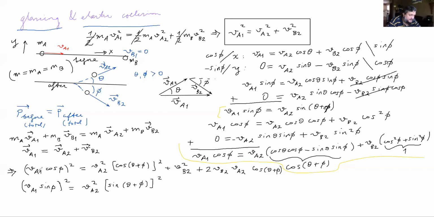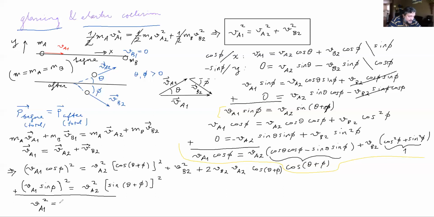All right. Now, if I add these two together, hopefully we're getting there now. So VA1 squared plus cosine squared plus sine squared, which is 1. All right, I'm not writing it.